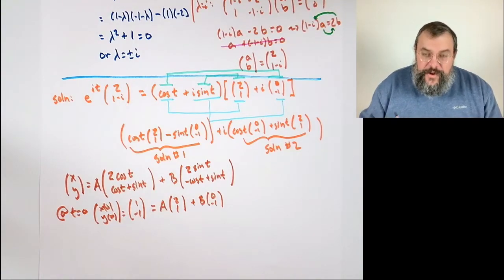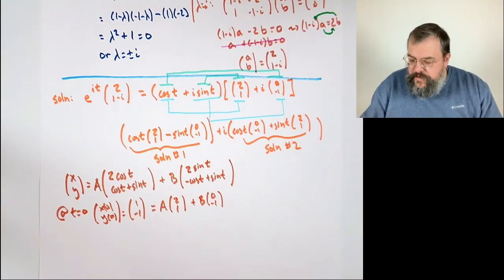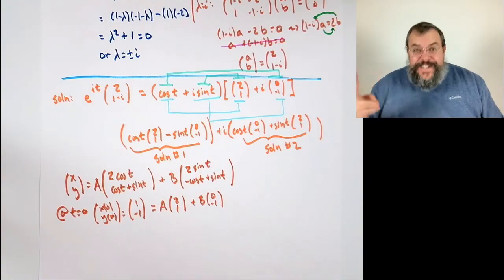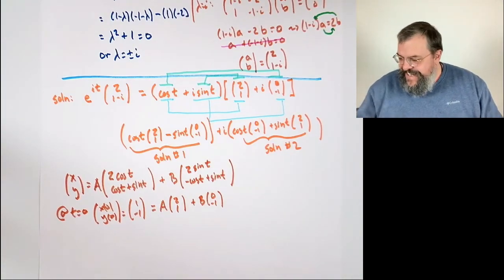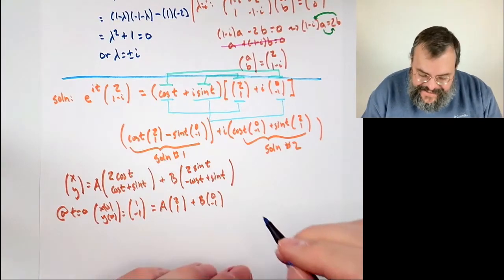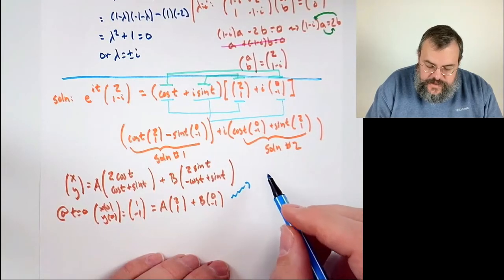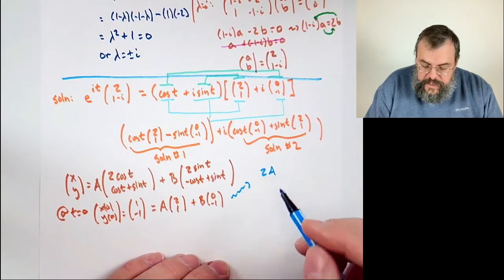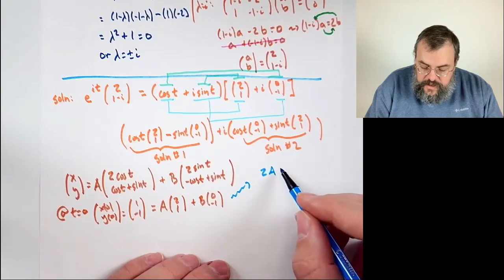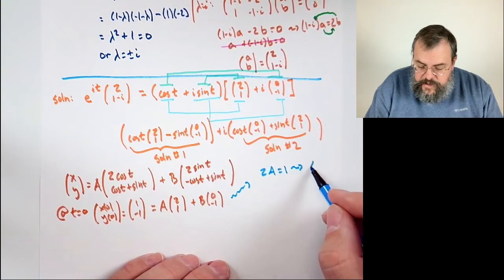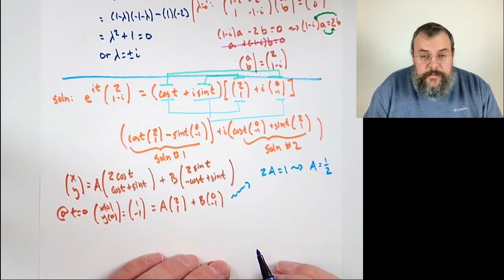All right. So that leads us to 2 equations and 2 unknowns. Yes, you will see lots of that. We should get really good at that. Okay, so the first equation reads off as 2a plus 0b equals 1. Well, great. That tells us a needs to be a half.